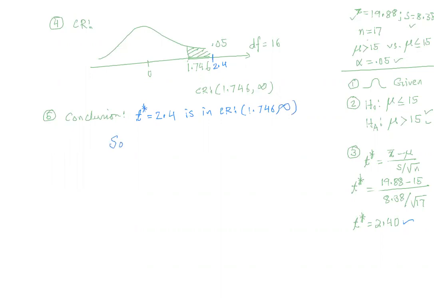So what do we do? What is it we should be doing? Reject. You reject the null hypothesis. Reject H naught, which is what? Mu is less than or equal to 15. Very, very simple, very standard, nothing magical. Very routine. You follow the process, you get it.